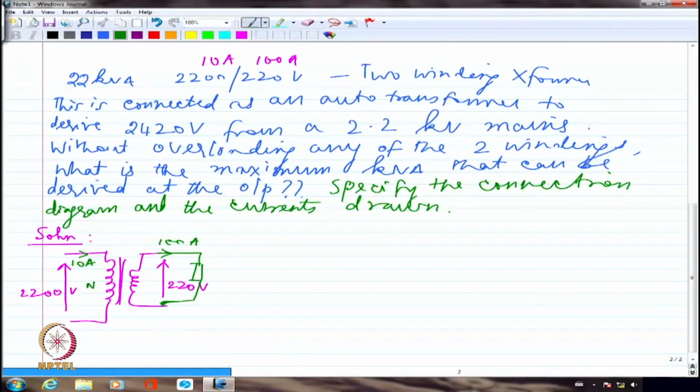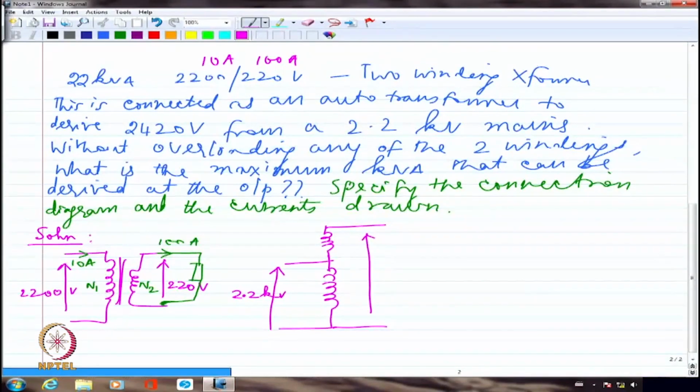Now what is being asked is, I have to connect two of them in series. This is the 2200 volts winding and that is the 220 volts winding. I am applying 2200 volts here, so this is 2.2 kV, and what I am getting here is 2.42 kV. And I can't overload any of the windings.